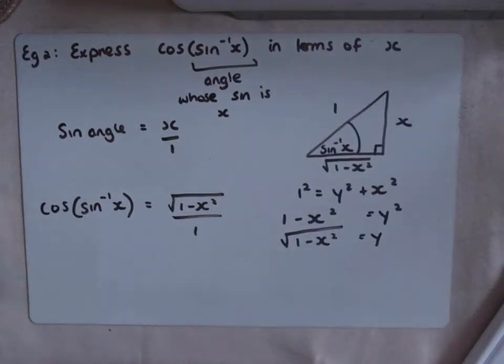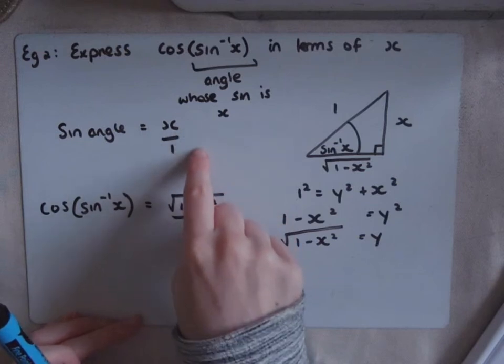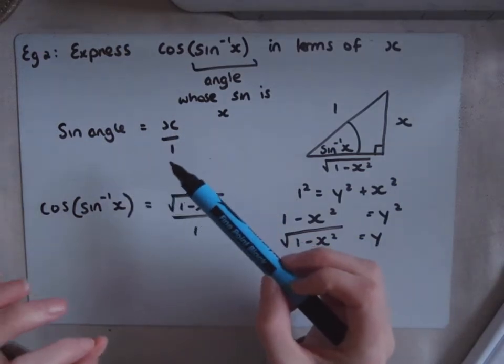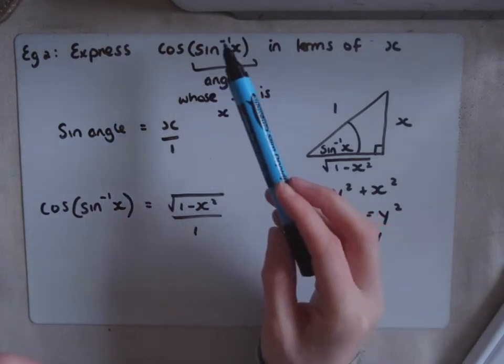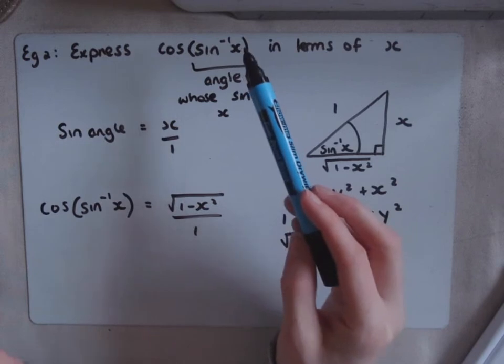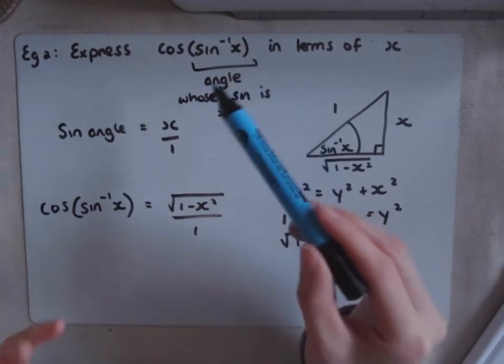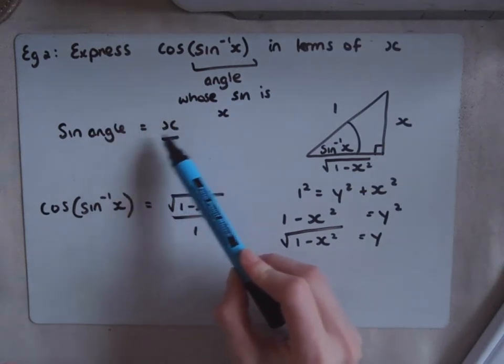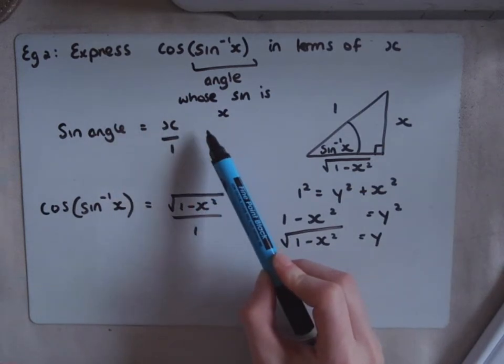Are there any questions there? What was the point of getting the x over 1? The x, this part here? Yeah. That's just showing me, if it wasn't over 1, if they told me sine to the minus 1 of, say, 2 over 5, basically I have to put it equal to 2 over 5 so I can see that it's opposite over hypotenuse.